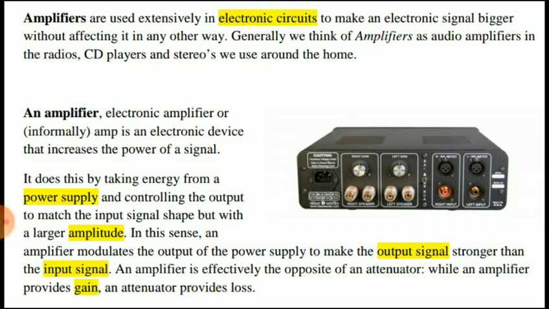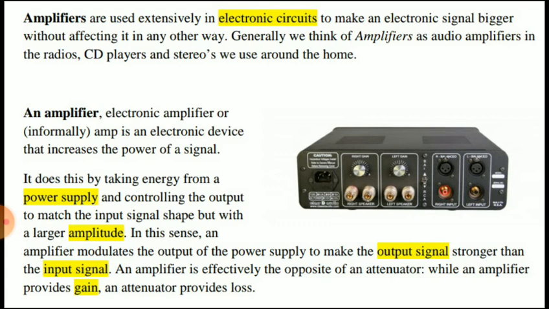So generally we think of amplifiers as audio amplifiers in the radios, CD players and stereos we use around the home. So amplifiers are widely used in almost all electronic equipment.